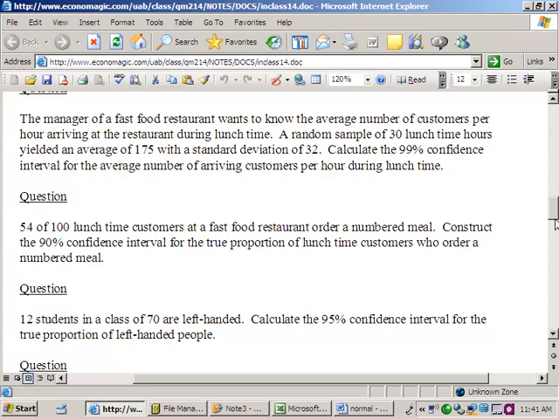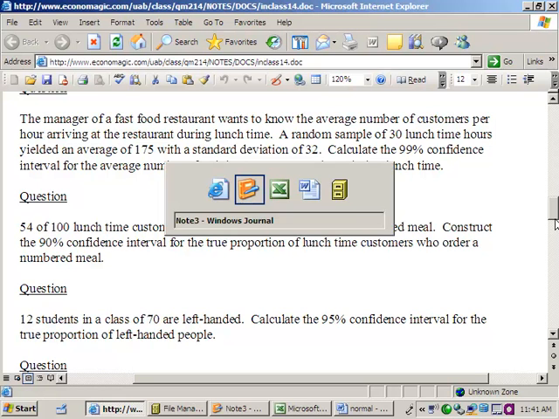The manager of a fast food restaurant wants to know the average number of customers per hour arriving at the restaurant during lunchtime. A random sample of 30 lunchtime hours yielded an average of 175 customers with a standard deviation of 32 customers. Calculate the 99% confidence interval for the average number of customers arriving per hour during lunchtime.